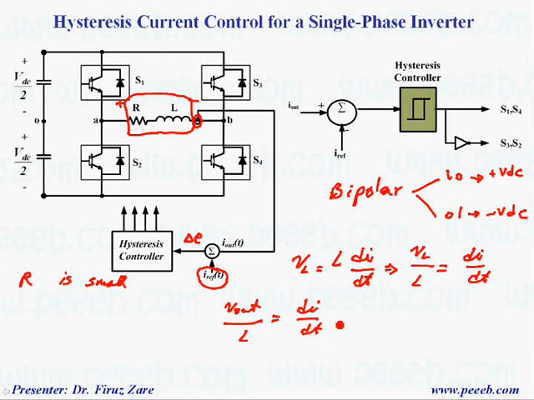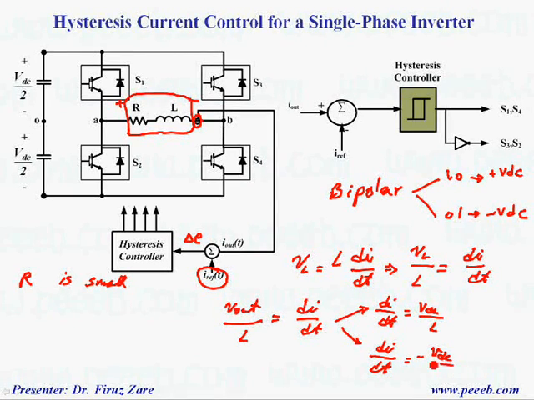In this case we have two different di/dt values. Either di/dt is plus VDC divided by L, or di/dt is minus VDC divided by L. That means this is negative and this is positive.